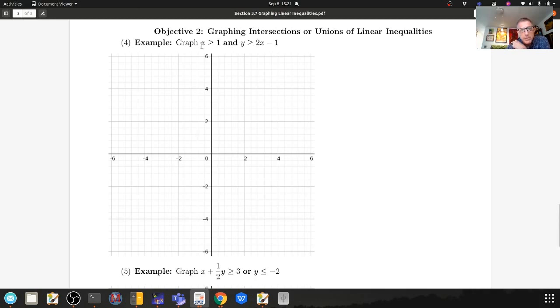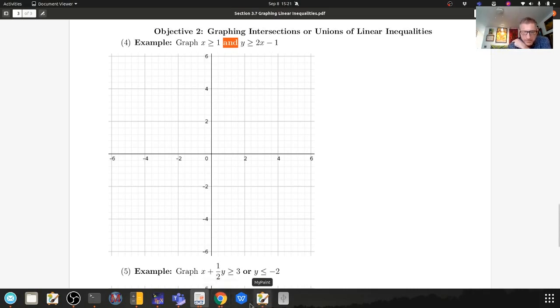We're going to want to graph everything that satisfies x greater than 1 and everything that satisfies y is greater than 2x minus 1. So we're going to be taking the intersection of two sets, which is fine. I would really like to use the little fill tool there with textures, but we'll do it one way or the other.